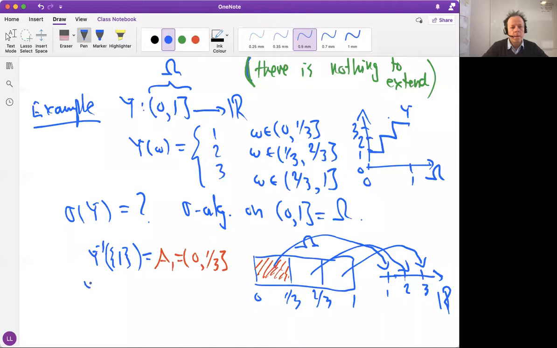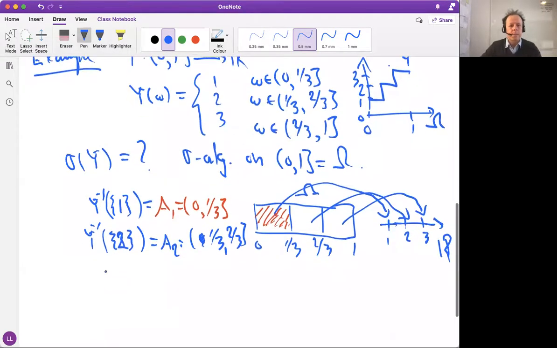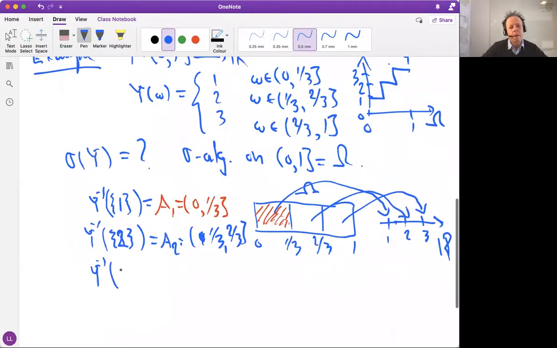And the same way, the pre-image of 2 is, of course, from 1/3 to 2/3, let's call it A2, and the pre-image of 3 in the same way. Let's call it A3, and it's 2/3 up to 1.